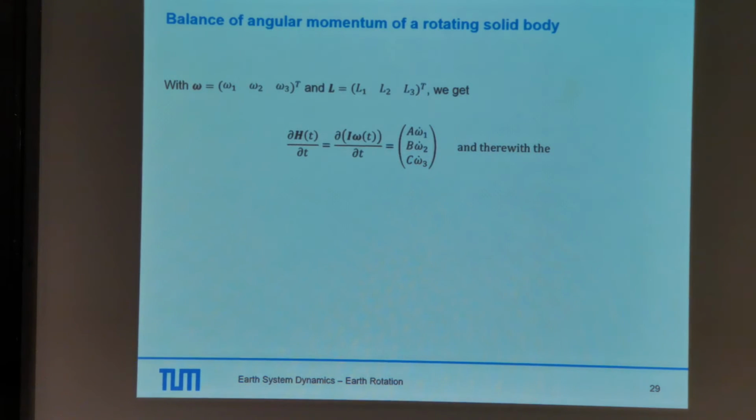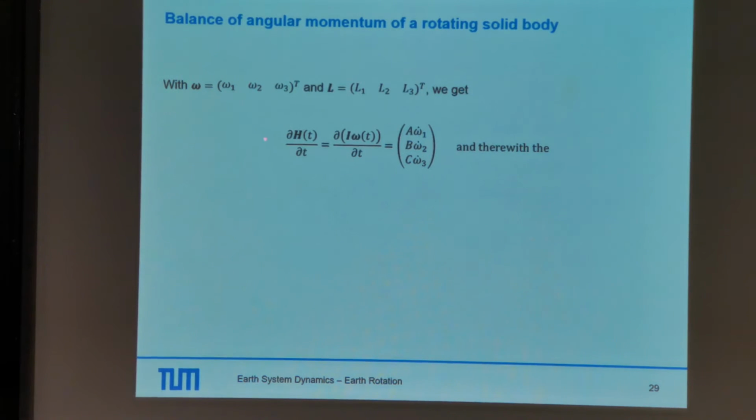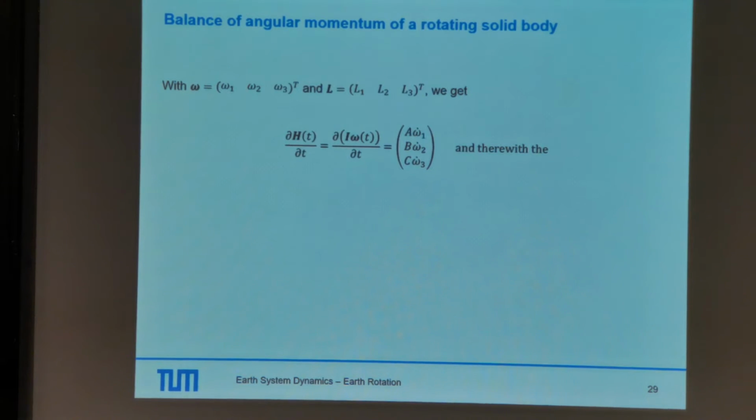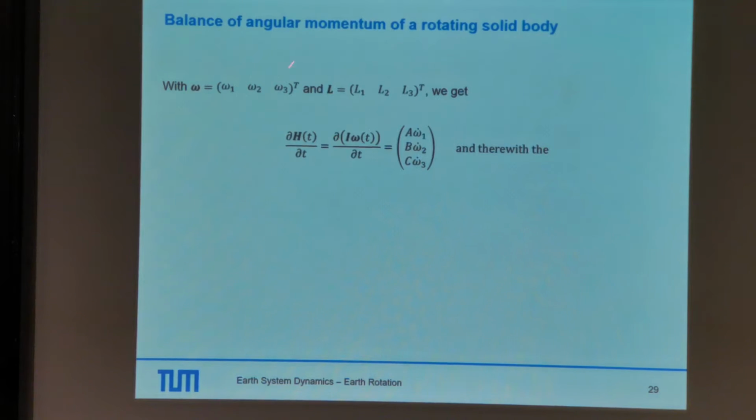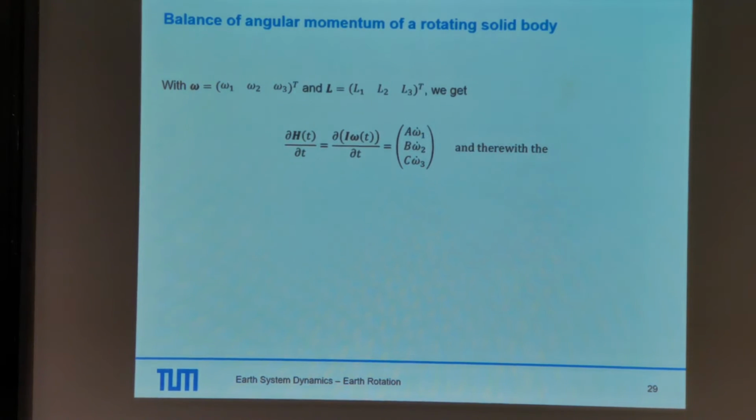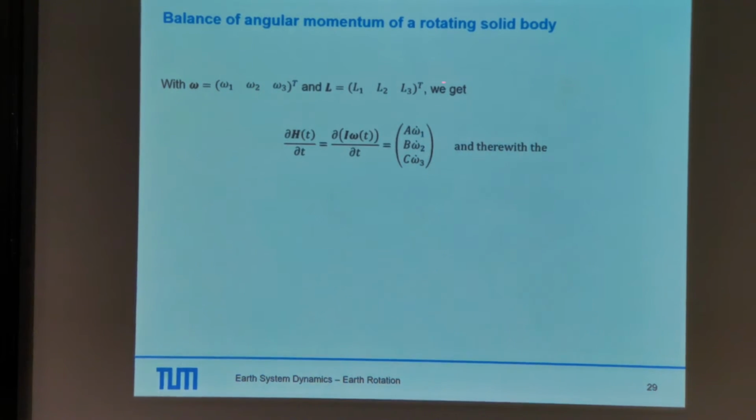And now we can still extend the equation, because now we can introduce the vectors itself. So omega comprises 3 elements, since we are in a three-dimensional space, and also the quantity L, the vector of the external torques, is a 3-dimensional vector.